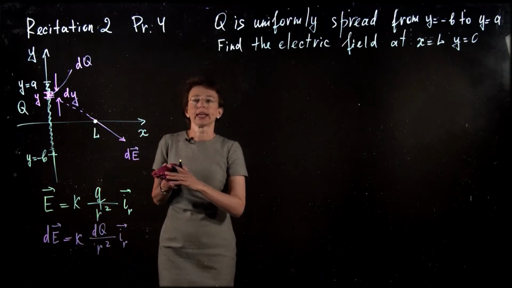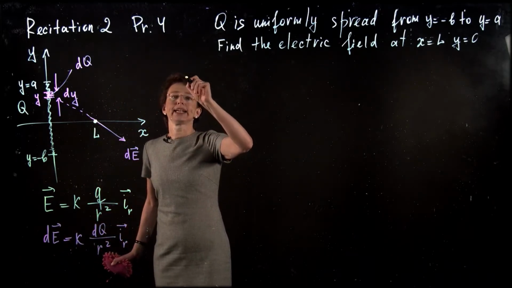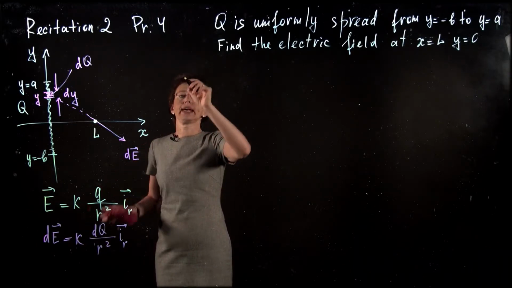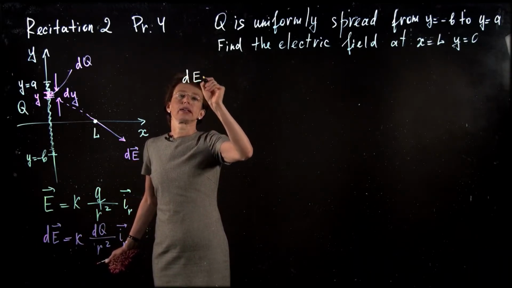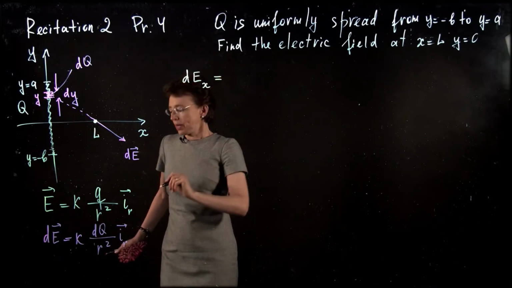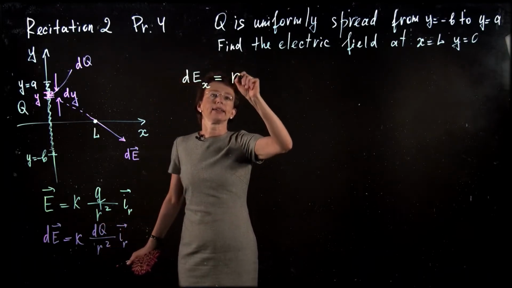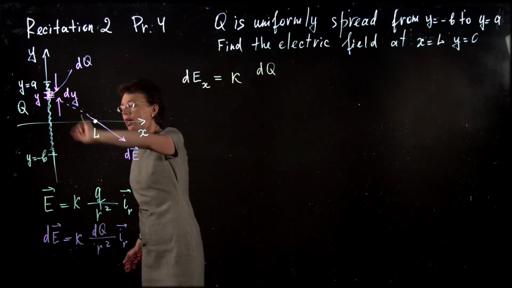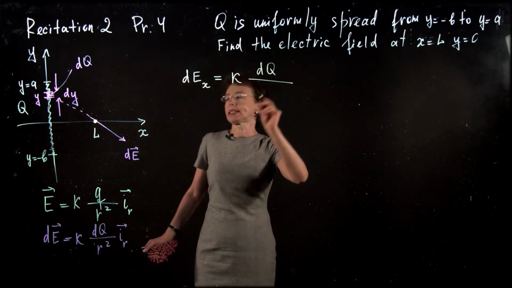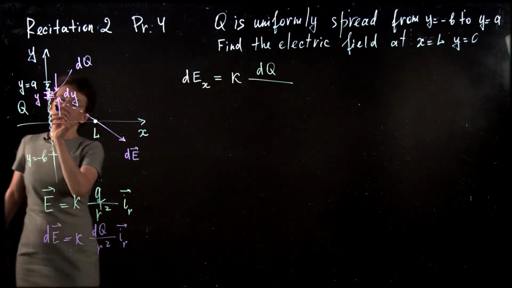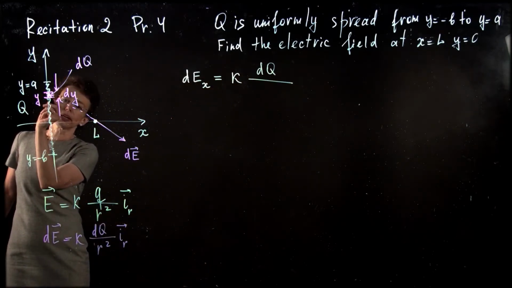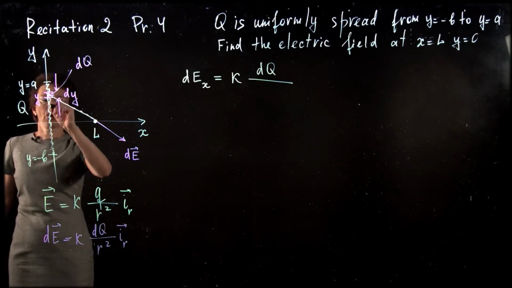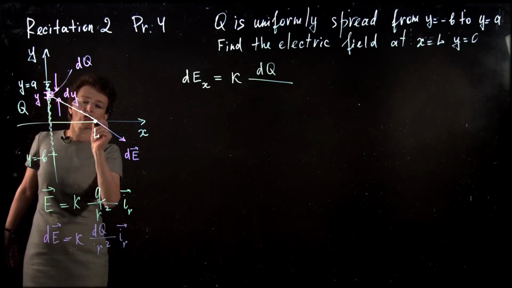So what is dE_x, the x component of the electric field? dE_x is k dq, the infinitesimally small charge, divided by distance squared. The distance between dq and this point L we will find using this right triangle.